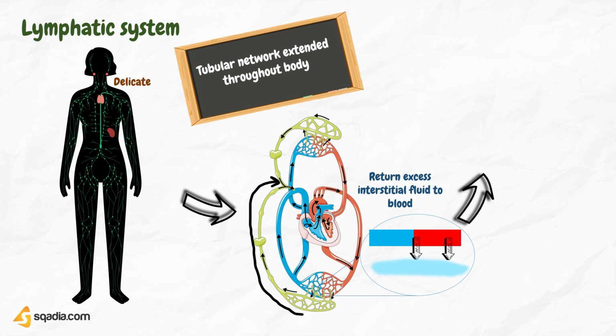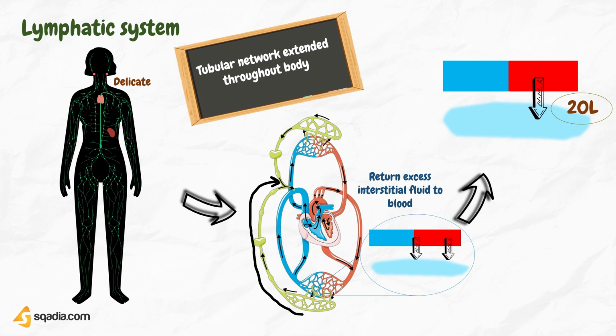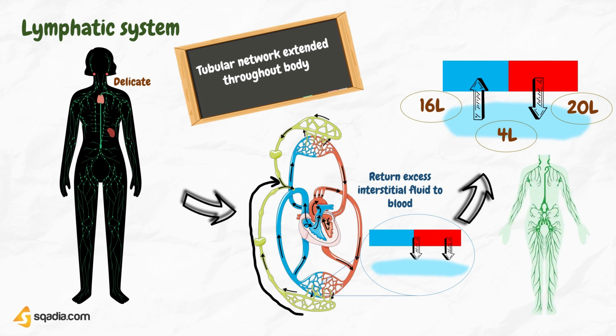It has been estimated that almost 20 litres of fluid is filtered per day at the arteriolar end of the capillaries, and out of that 20 litres, almost 16 to 18 litres is reabsorbed at the venular end. Now the leftover amount of fluid, which is around 2 to 4 litres per day, needs to get back to blood, so it finds its way through lymphatics.